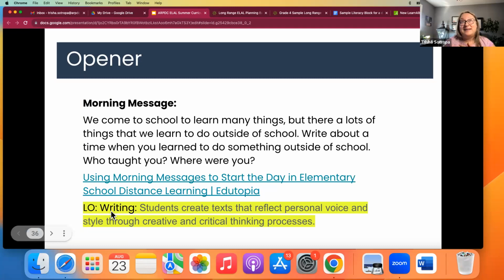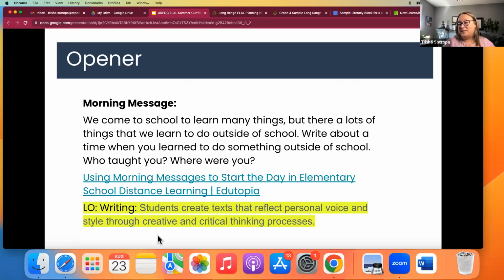And so that connects to the curriculum with the learning outcome of writing. And one of the cusps there is that students create texts that reflect personal voice and style through creative and critical thinking processes.